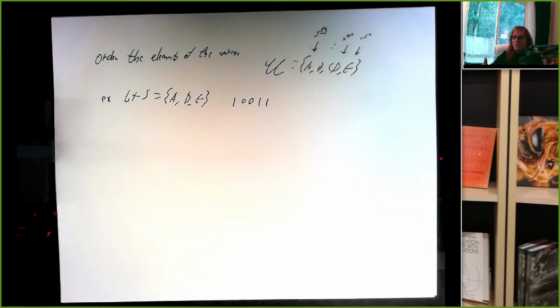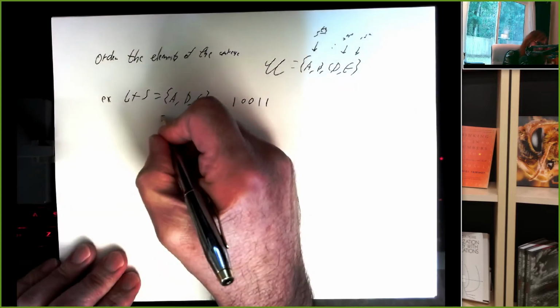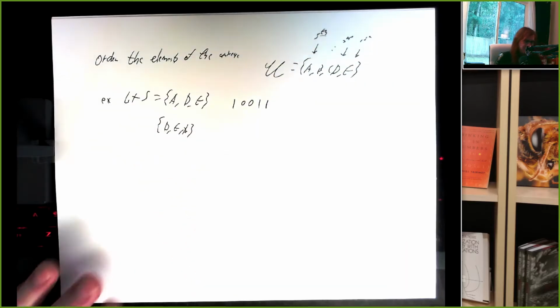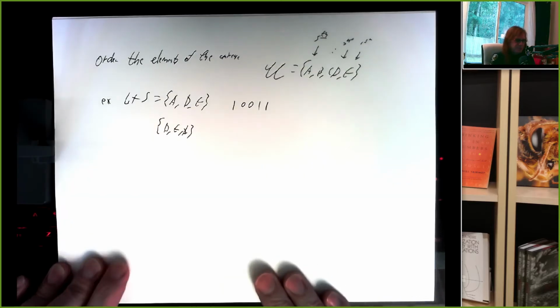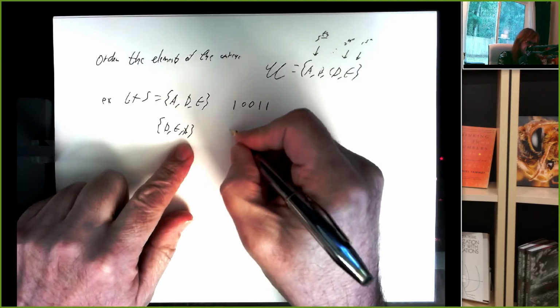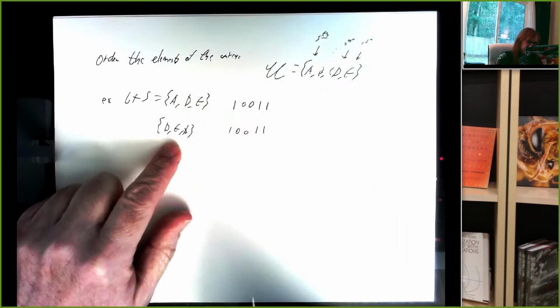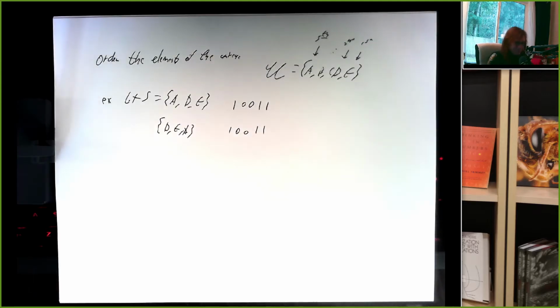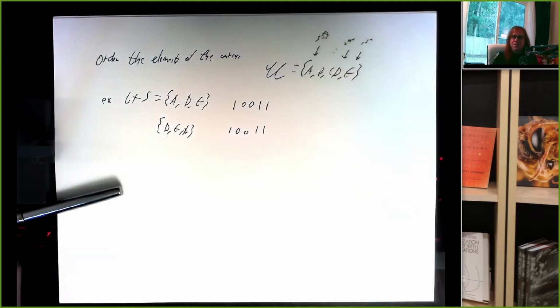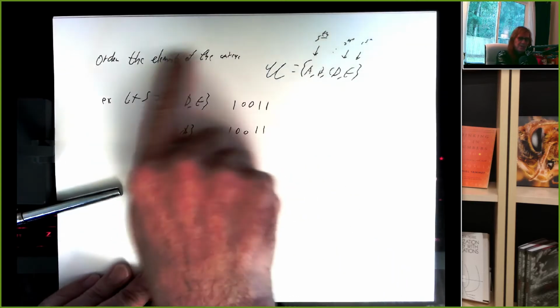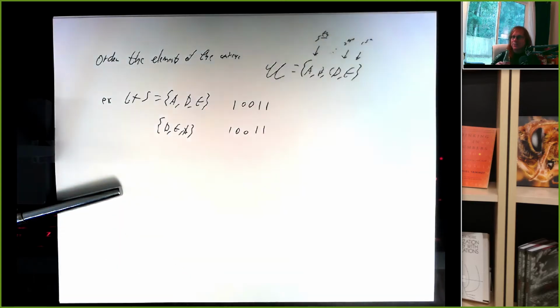Now my sets are still unordered. If I picked a set like D, E, A, I'm going to get the same 5-bit number, right? A is in my set, B and C are not in my set, D is in my set, E is in my set. So we haven't made the sets ordered, right? But to do this mapping from sets to binary numbers, we're creating an artificial order on the elements in the universe.